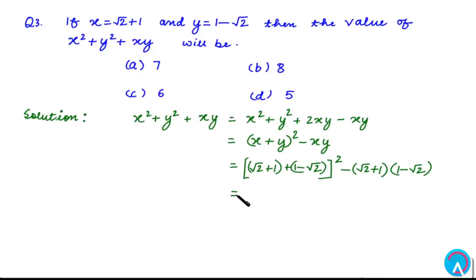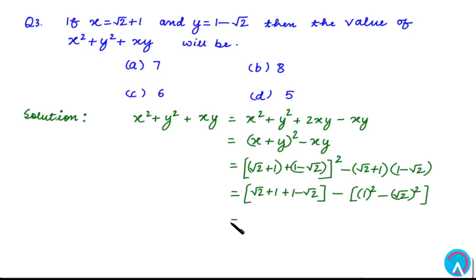So this becomes equal to, inside the bracket we'll have root 2 plus 1 minus root 2, and this is 1 minus root 2 and this is 1 plus root 2, that is a minus b multiplied with a plus b, that is a square minus b square. So this becomes, here we can put a bracket, 1 square minus root 2 square.